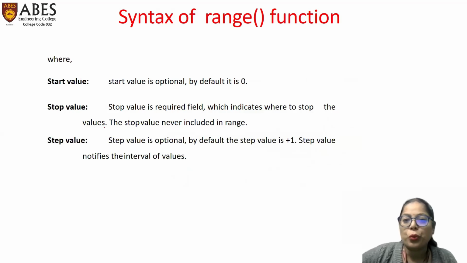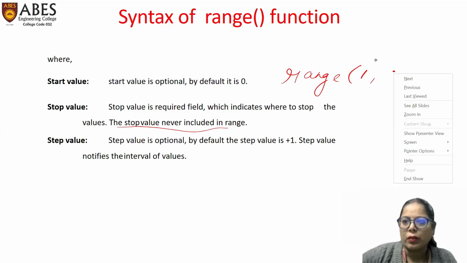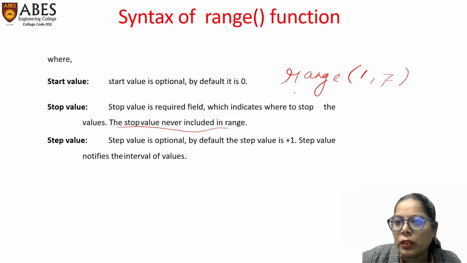And you should know that the stop value is never included in range. It means it is excluded. For example, if I write range 1 and 7, I have mentioned the starting value, that is 1, so 1 is included.